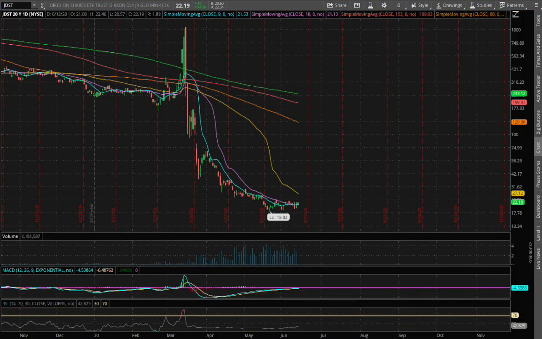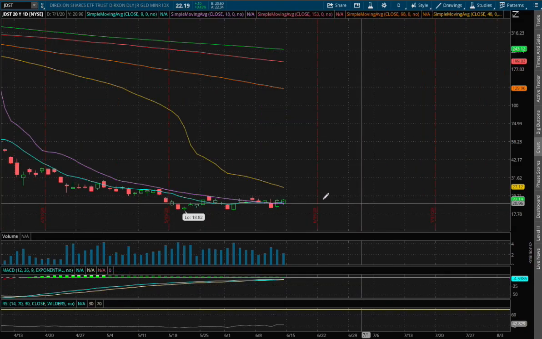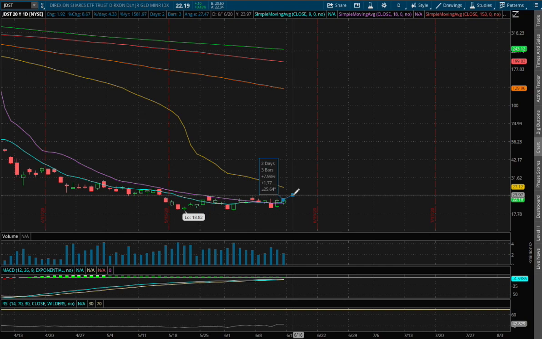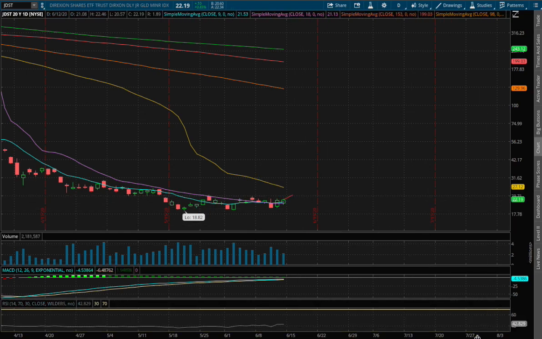So if JDST were to climb higher, 7.5% is roughly around a price range of, say, $20.97. And we see one instance of that level being a resistance that dated back to May 27th.